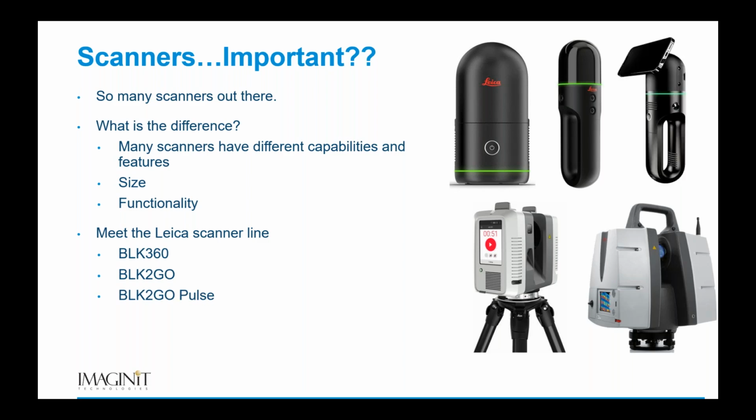BLK2GO PULSE, a little bit different combination of LiDAR scanning and photogrammetry, right? So we're using the scanner to walk through, just like the BLK2GO. You can see that you can attach your phone to the top there.